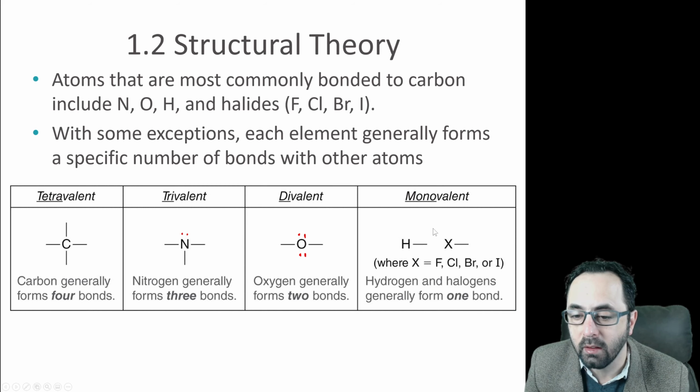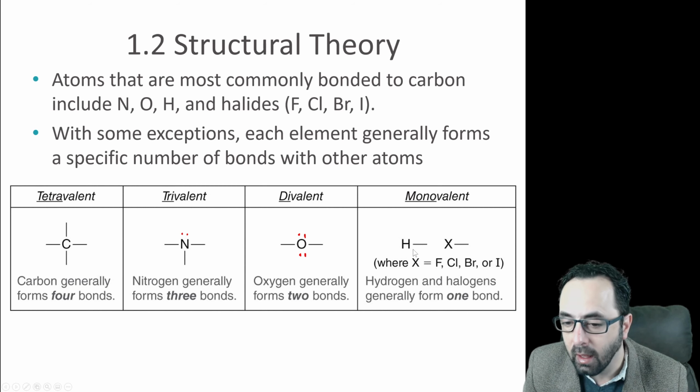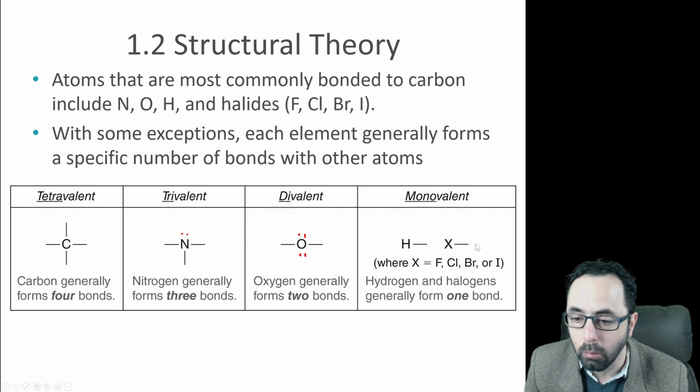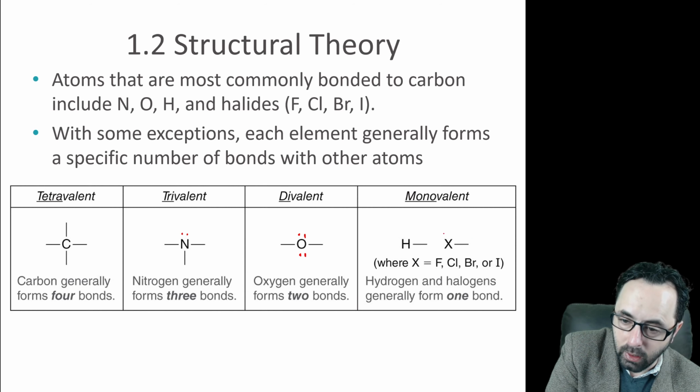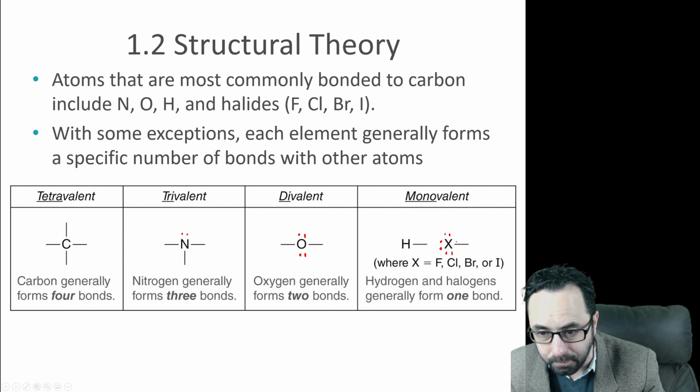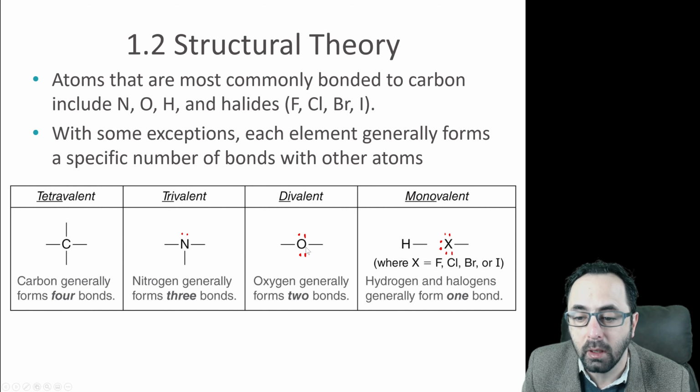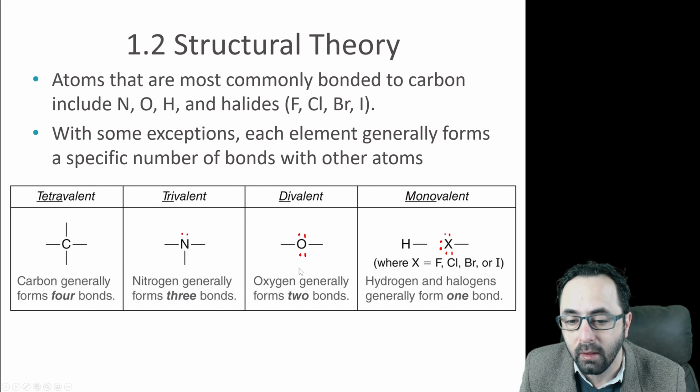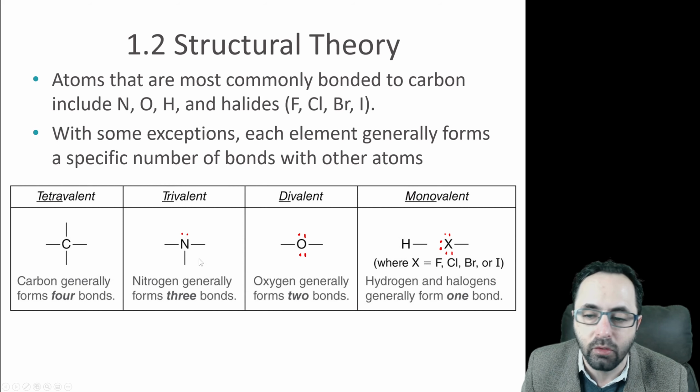Finally, there are monovalent species such as hydrogen atom, which can only make one bond with no lone pairs, and halides, which again make one bond and generally have three lone pairs, which again may not be written in an organic structure because it will be assumed that you understand that this is true. And so this is the kind of shortcut that we're going to use for drawing Lewis structures in organic chemistry.